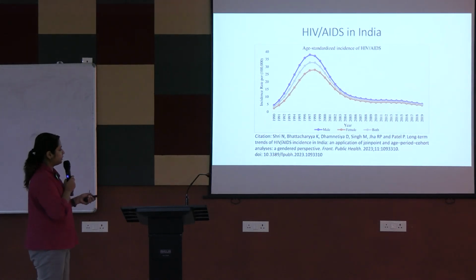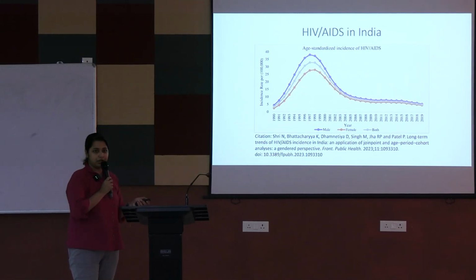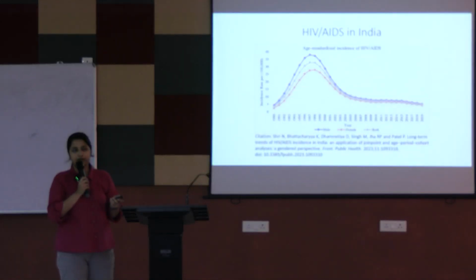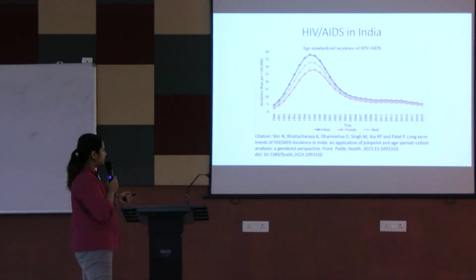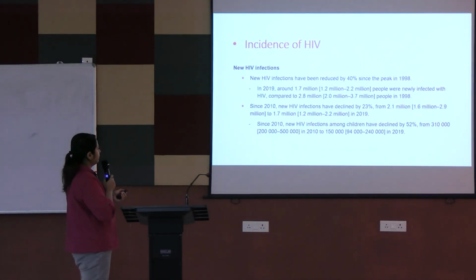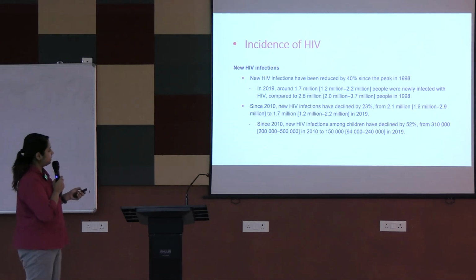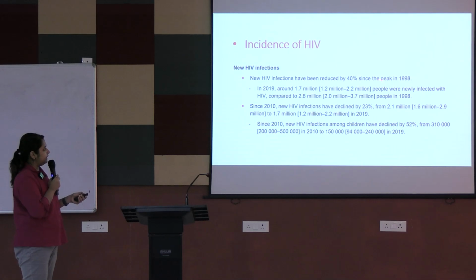So there was a kind of HIV epidemic in India back in 1998. The number of cases rose dramatically. Again, you see the incidence of HIV, new HIV infections. Since that peak in 1998, new HIV infections have been reduced by 40%.